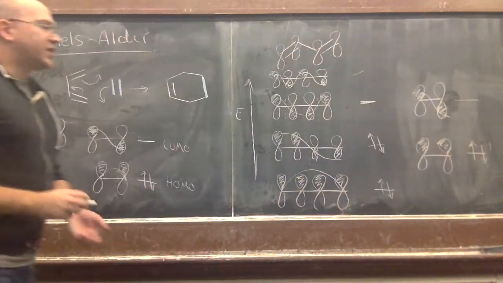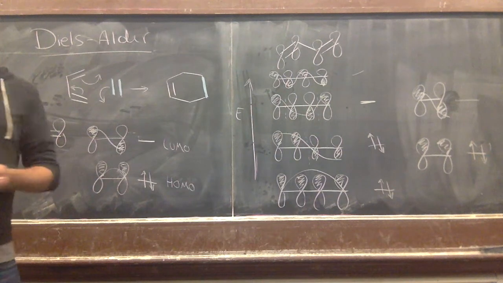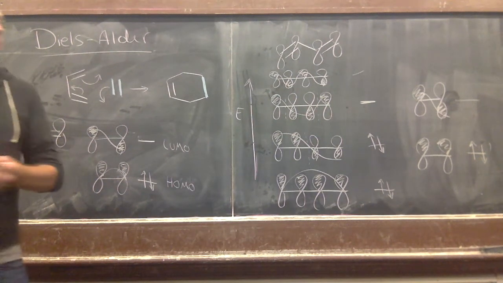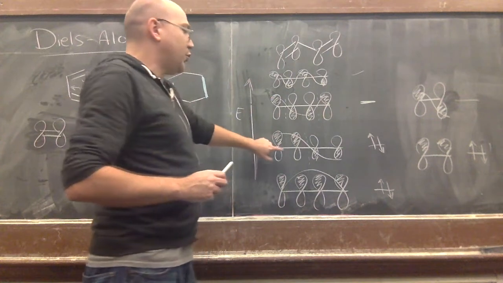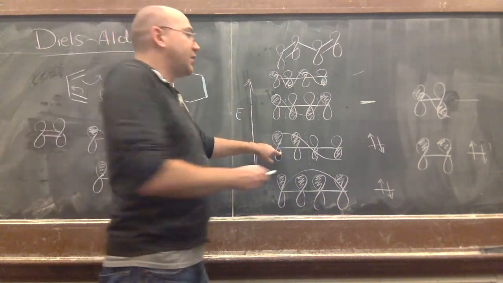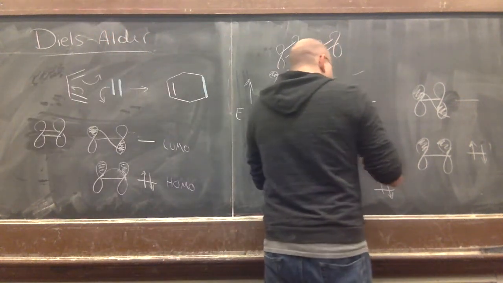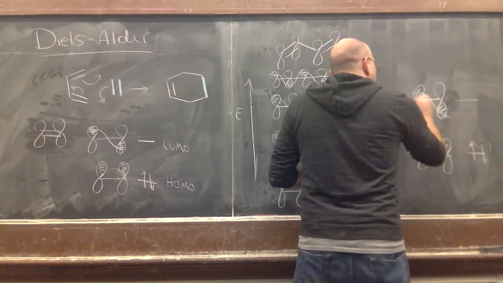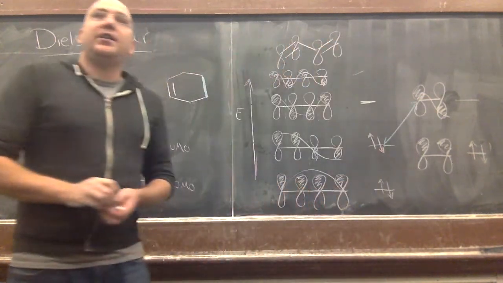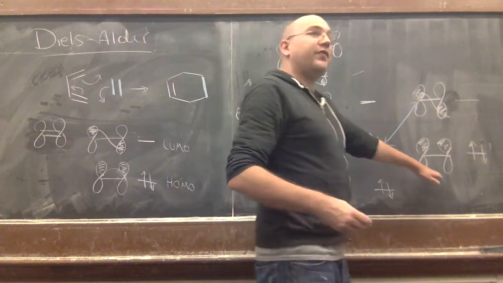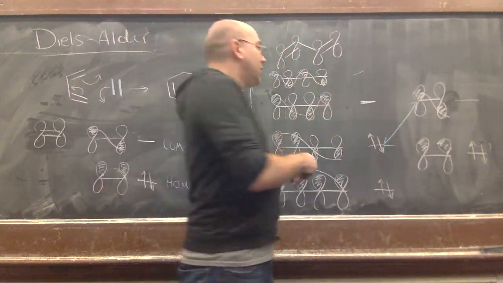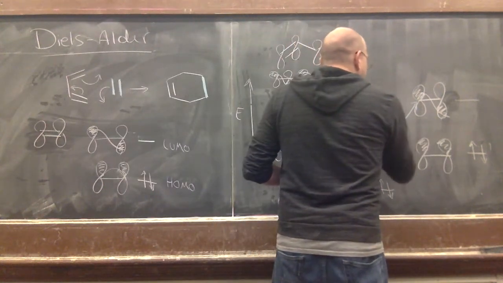What's going to happen is we can have two different types of reactions here. Either this is our nucleophile, in which case it's going to react with our electrophile, or this is going to be our nucleophile and this our electrophile, and these could react together.